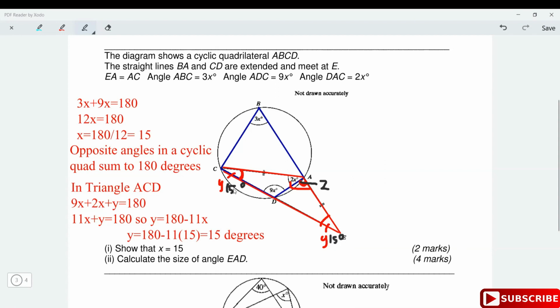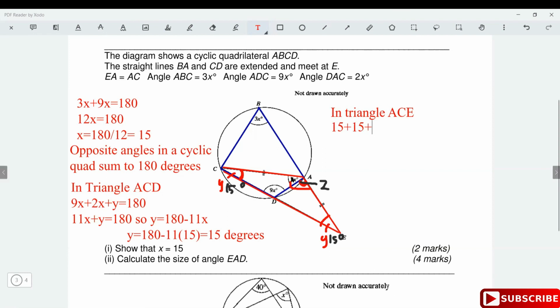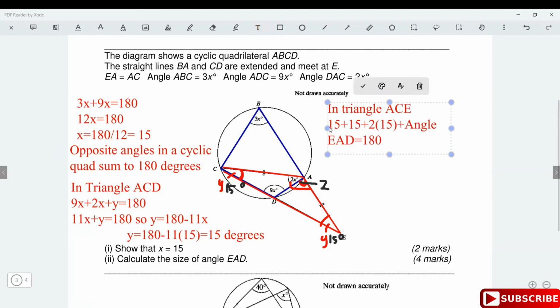Since this is 15, this is 15, and this is 2x plus z, we can tell in triangle ACE that 15 plus the 15 plus the 2x, which is 2 times 15, plus z, where z is angle EAD, which is what we want, sum to 180. Nice.